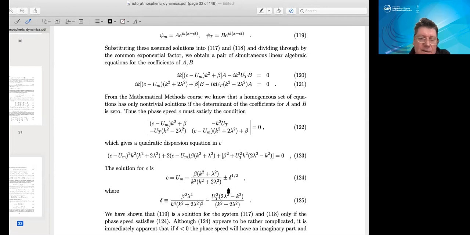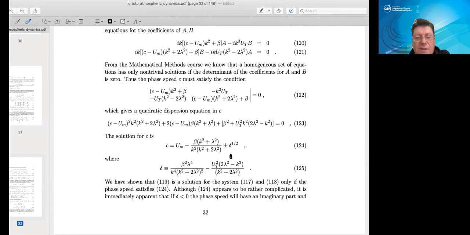There is something interesting happening here because we have plus or minus this square root of this delta, whereby delta is defined in this way. Now, this is very different from our barotropic Rossby waves, because now, if delta becomes negative, then our phase velocity has an imaginary part.